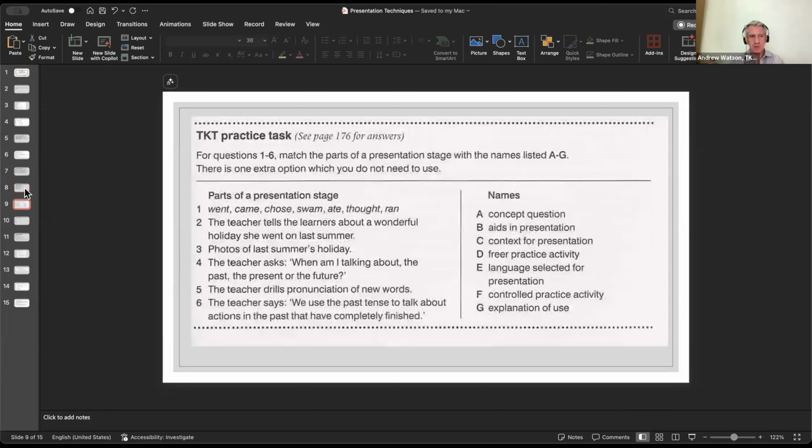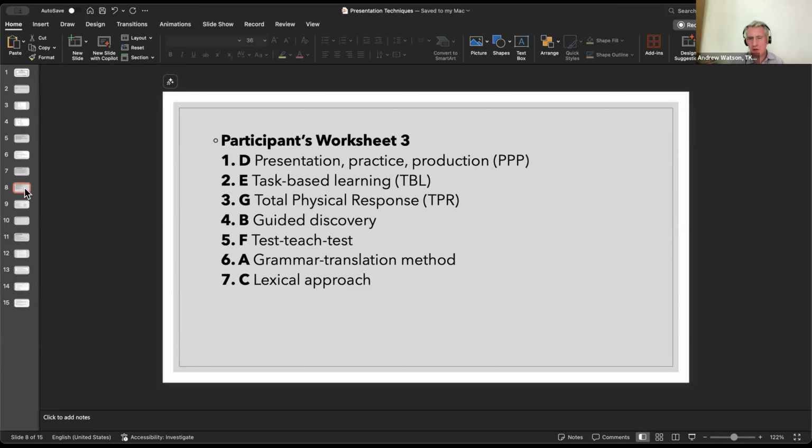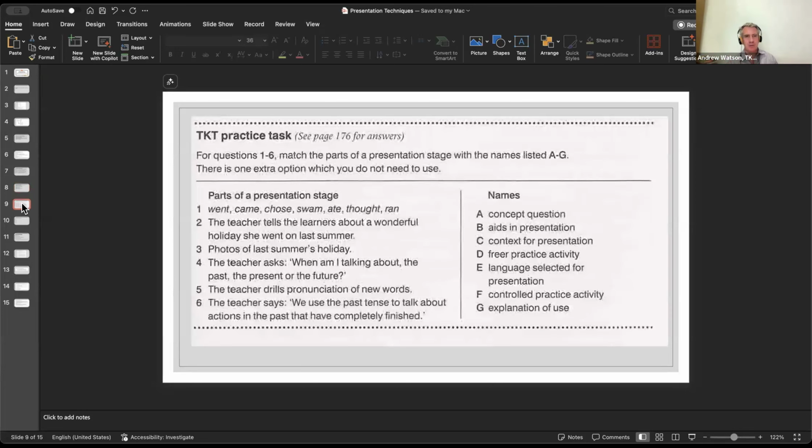Now, we call them frameworks, or lesson shapes, because they give the lesson a certain shape or structure.